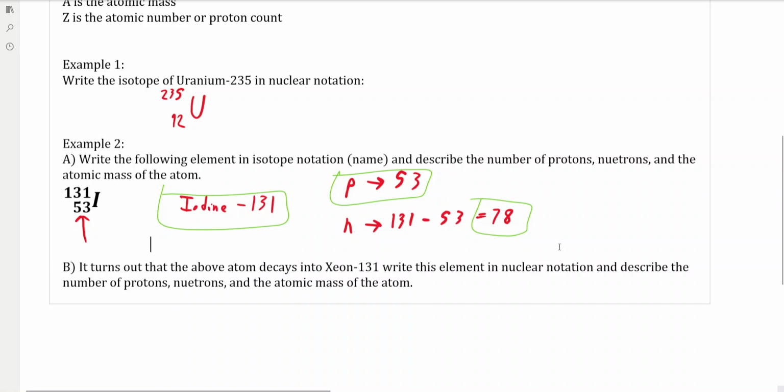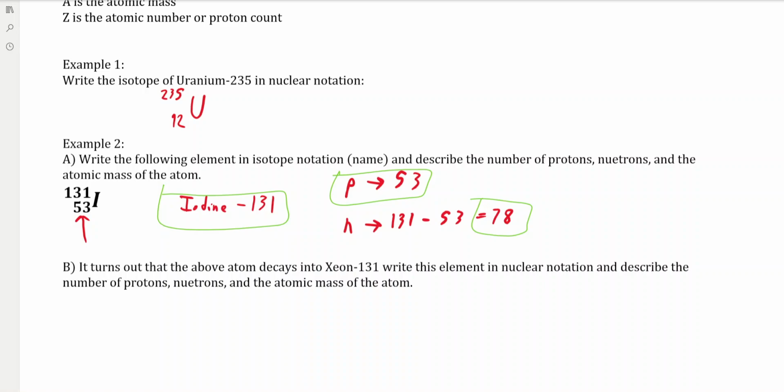Okay, it turns out that the above atom decays into xenon-131. Write this element in nuclear notation. So often what happens is if the protons and the neutrons are wildly different from each other, like if the count is different, then we're often in an unstable form.